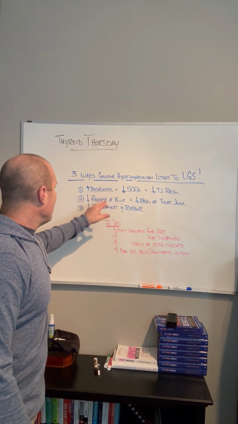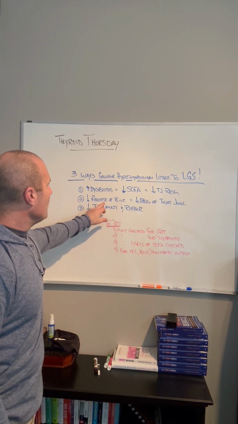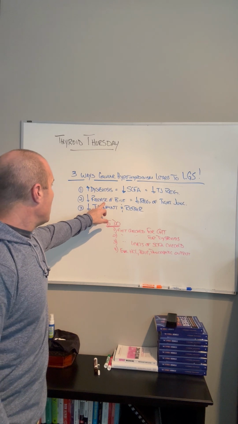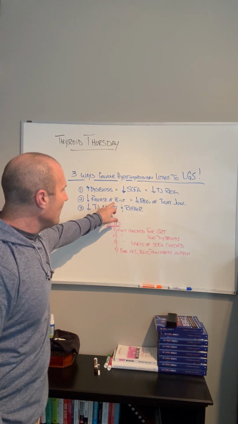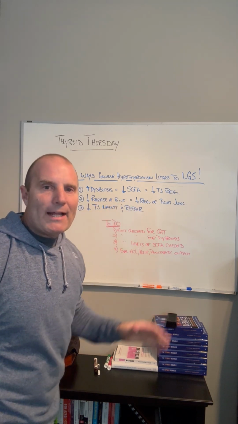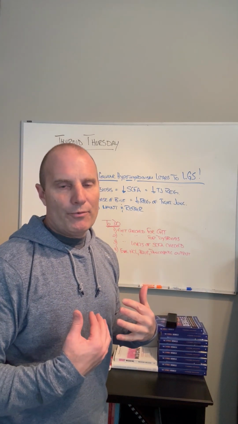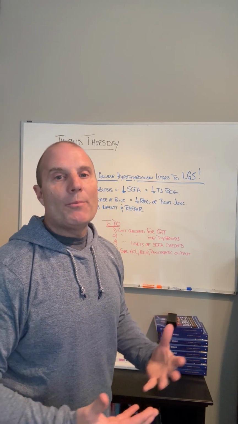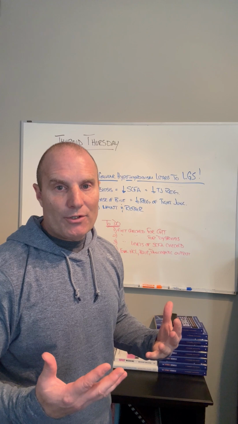So that's one way. The second way is that when you have tissue hypothyroidism, you can have decreased release of bile, and bile directly being absorbed through the intestinal cells helps regulate the intestinal tight junctions, okay?